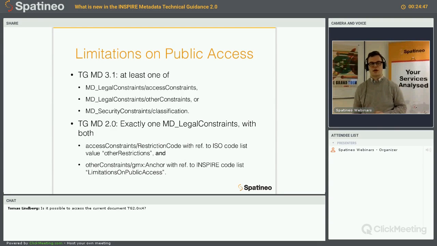So this is now much more a detailed requirement in what is actually the mandatory way to do this when you want to comply to 2.0 version of the technical guidance.